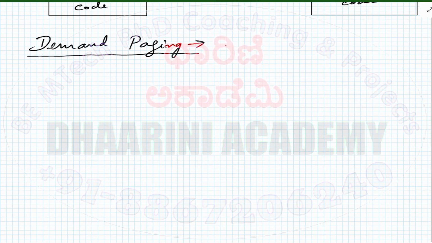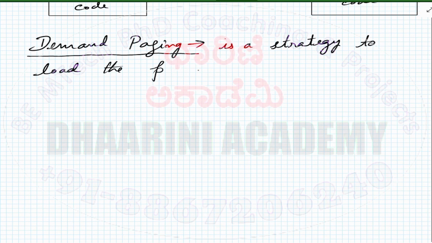I can write it in this way: demand paging is a strategy to load the pages only as they are needed.